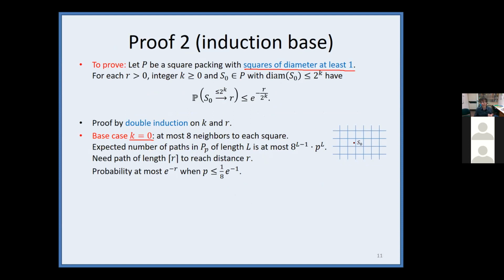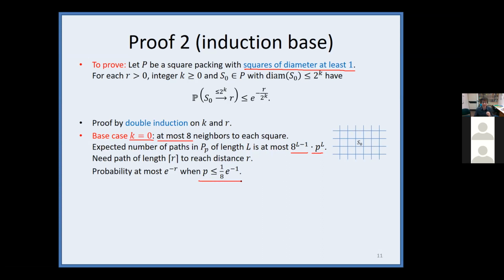In that case, the worst that can happen is that you look like a square grid, so that S0 has at most 8 neighbors. Any square has at most 8 neighbors. So here you can use a counting argument. The number of paths in this graph of length L is at most 8 to the L minus 1. And the expected number which are retained after percolation is multiplied by P to the L.